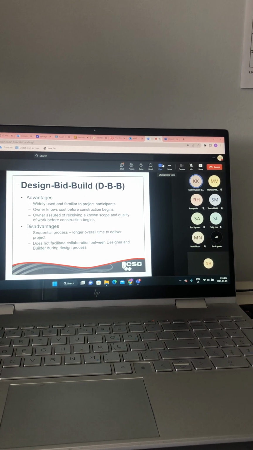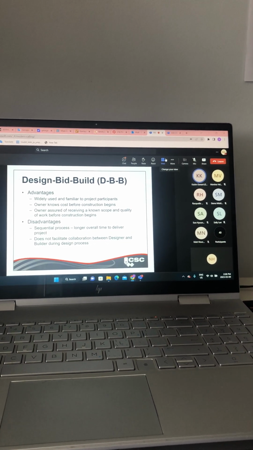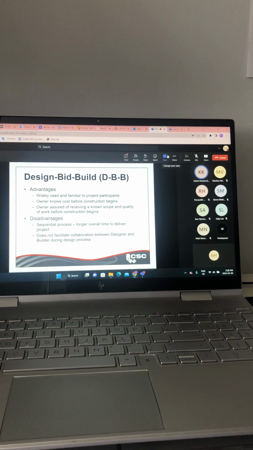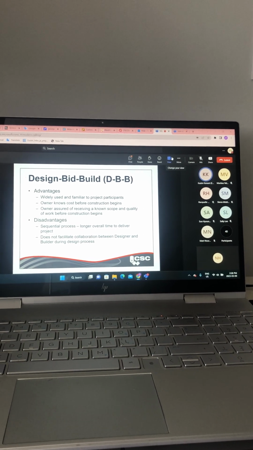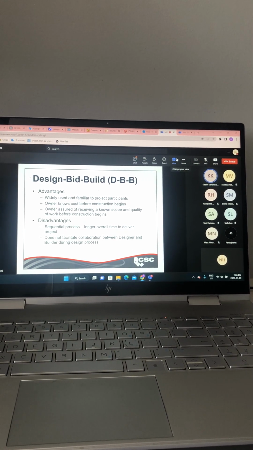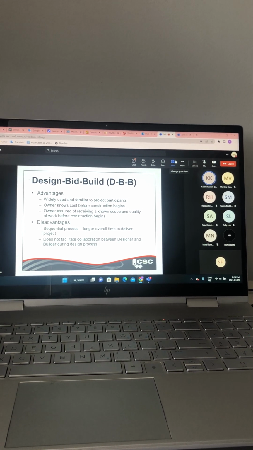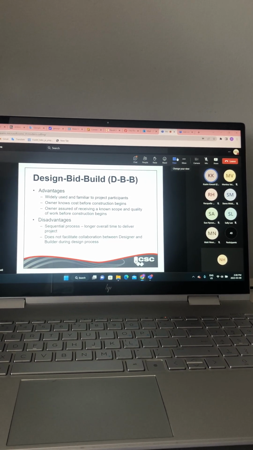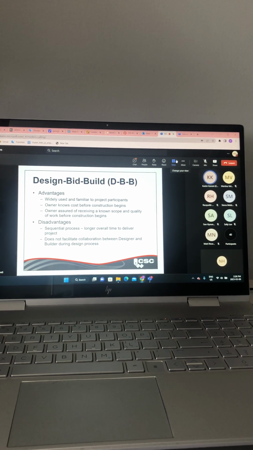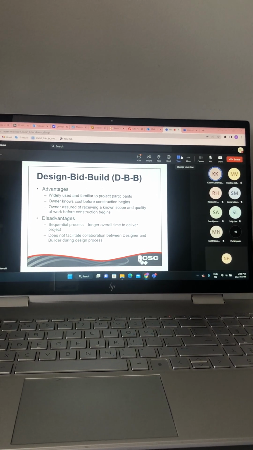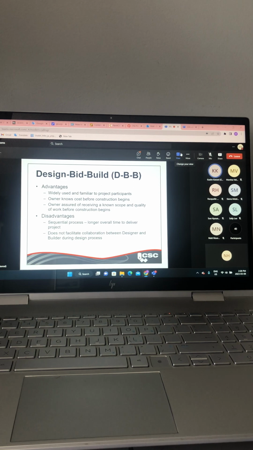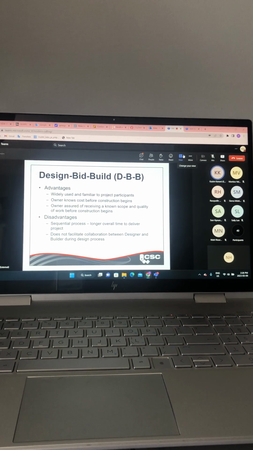Before the advent of design build or construction management or IPD, or even any of the other procurement methods that are out there, this was really the primary method of designing or developing and constructing any given project.